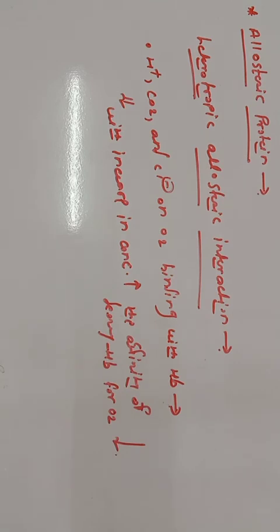In other words, if the H+ ion concentration increases, it means the pH is acidic, or the pH is lower. So we can write, at lower pH the affinity for oxygen decreases, or the affinity of deoxyhemoglobin towards oxygen decreases at lower pH.